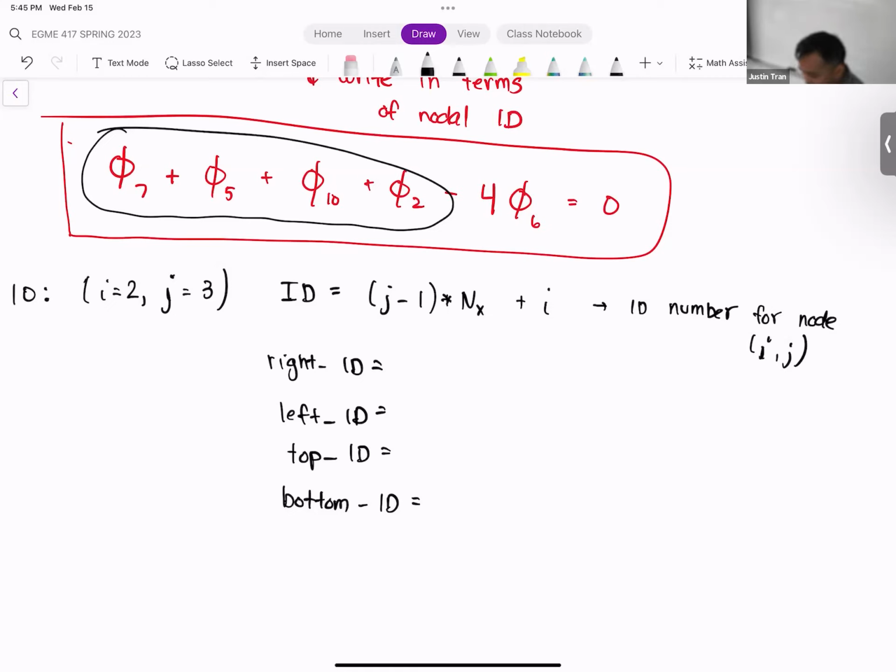Remember, the right neighbor is the node which has an I plus 1 value. So let's take our ID equation above and replace I with I plus 1. If we do that, we have J minus 1 multiplied by NX plus I plus 1.